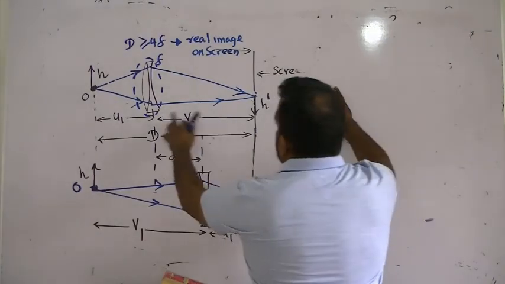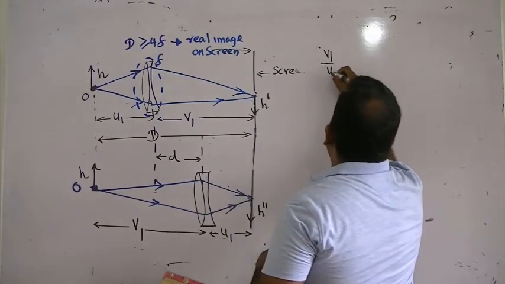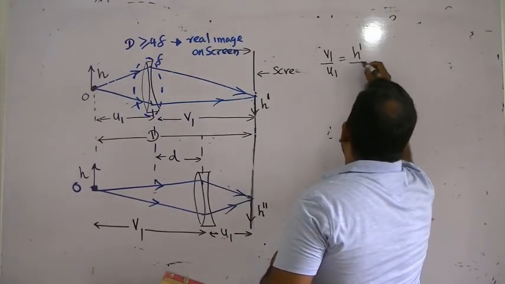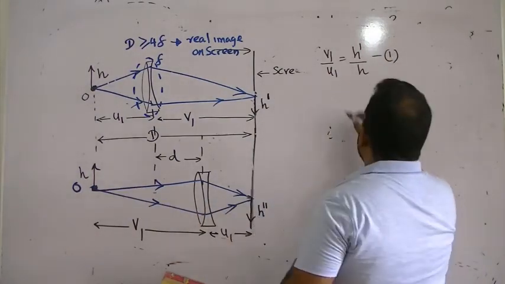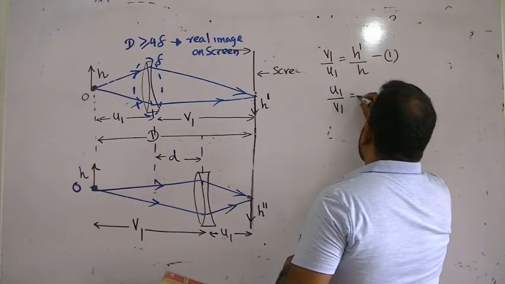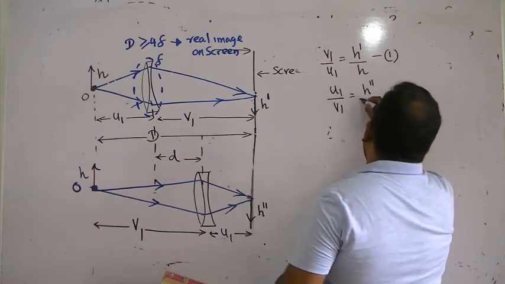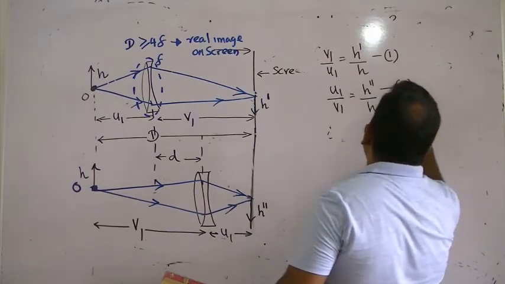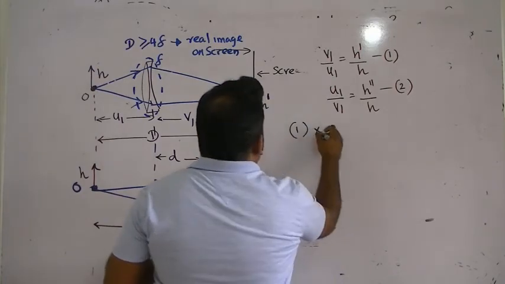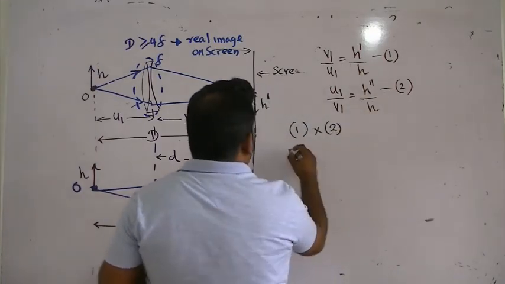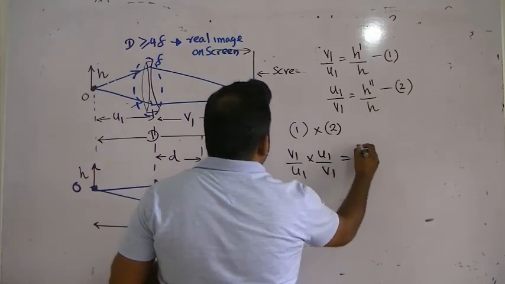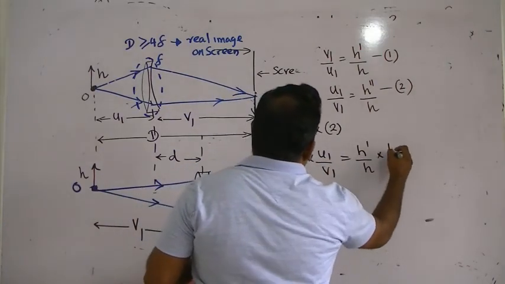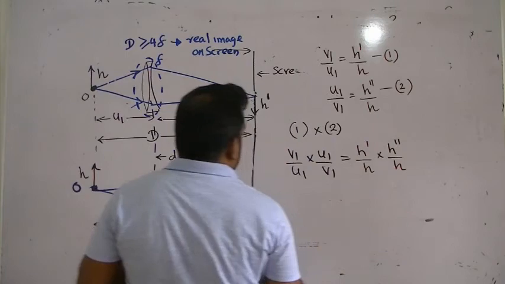We know image distance over object distance, v1 over u1, is image height over object height. Likewise, u1 over v1 is the other image height over object height. If I multiply both, v1 over u1 times u1 over v1 is h dash over h times h double dash over h.